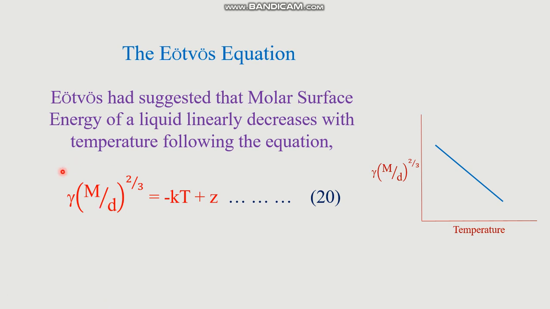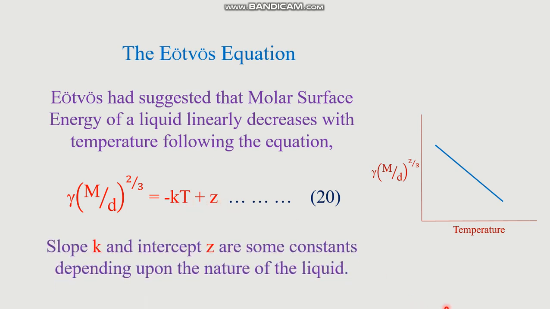So this is the y parameter, plotted on the y-axis. Temperature T is the x parameter, plotted on the x-axis. So a straight line is obtained with a negative slope, the slope is minus k, while z is the intercept. These two are constants, and they depend upon the nature of the liquid.